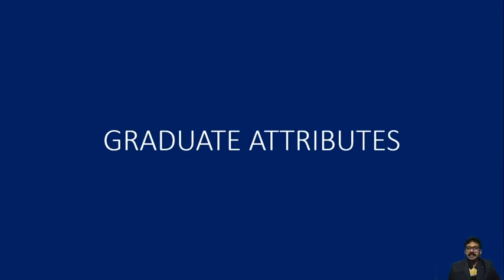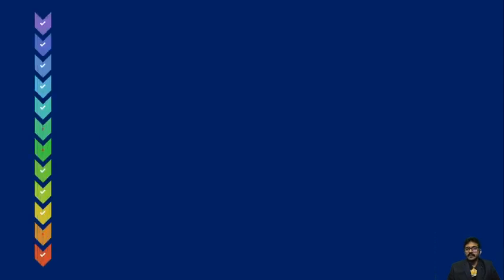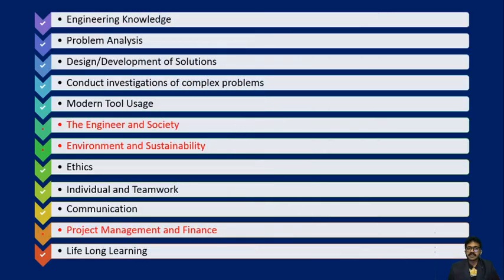As per the National Board of Accreditation, there are 12 graduate attributes, and we have to map these graduate attributes to the course. With respect to this course, among the 12 graduate attributes, the ones which are matching are engineering knowledge, problem analysis, design or development of solutions, conduct investigation of complex problems, modern tool usage, ethics, individual and teamwork, communication, and lifelong learning.